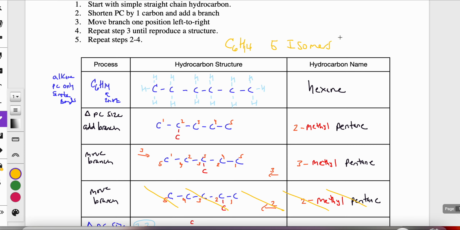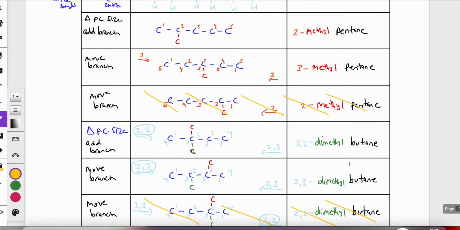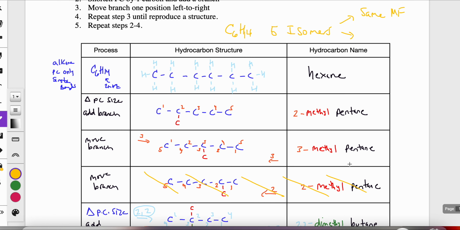So all these isomers, they have the same molecular formula. They are all C6H14, but their organic structure names are slightly different, so they are unique. So they're the same molecular formula, but they have different structural formulas.